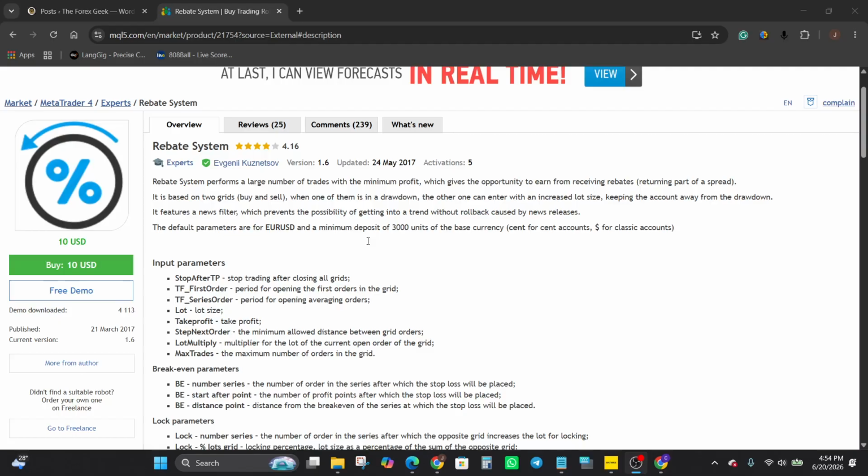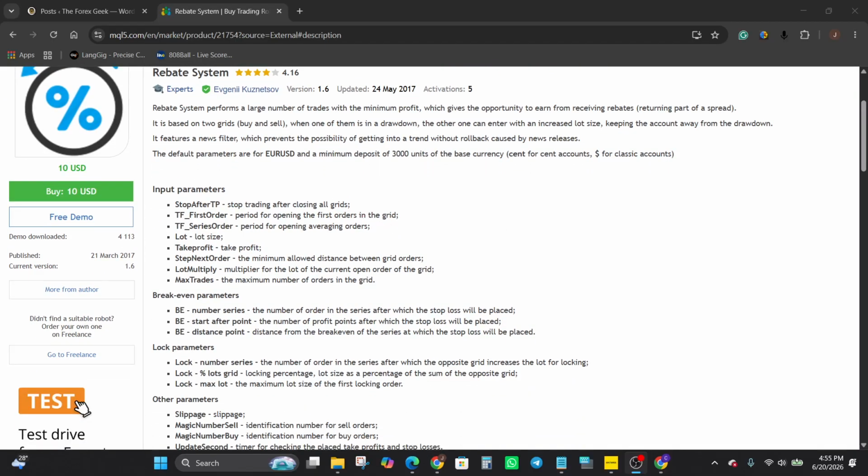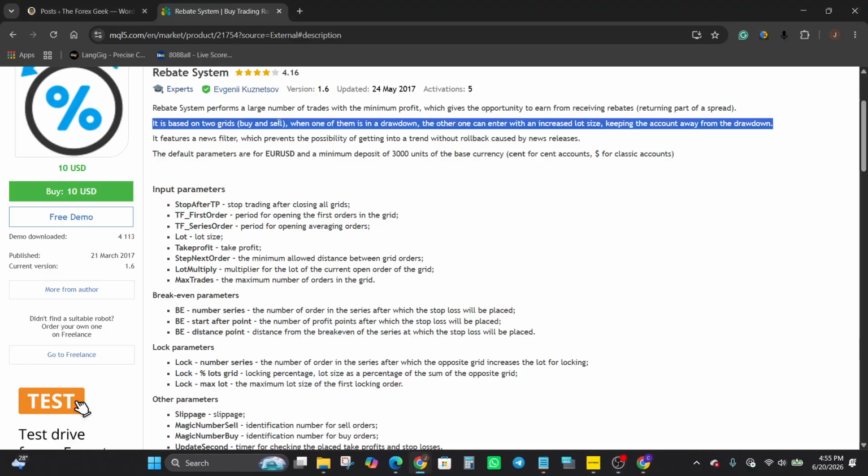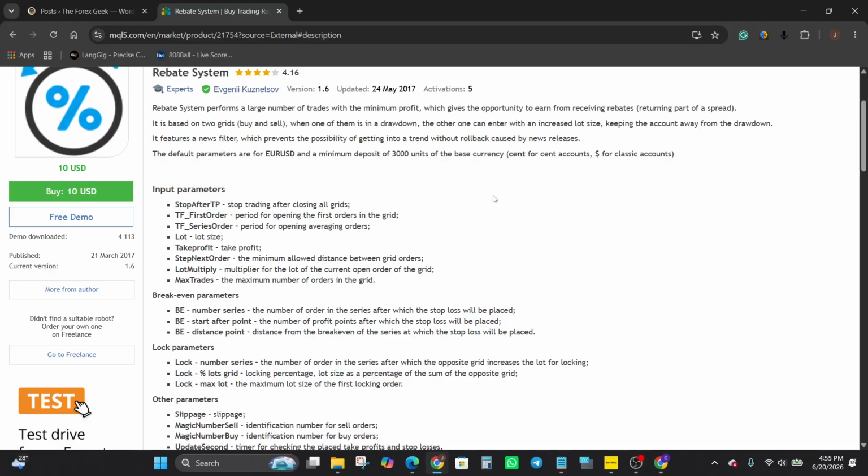Now, the description explains that the EA operates using two grids, one for buy positions and one for sell positions. And then when one side enters a drawdown, the opposite grid can increase its lot size in an attempt to help offset that drawdown. Since this behavior is specifically described by the developer, it's an important part of understanding how the system is intended to function.